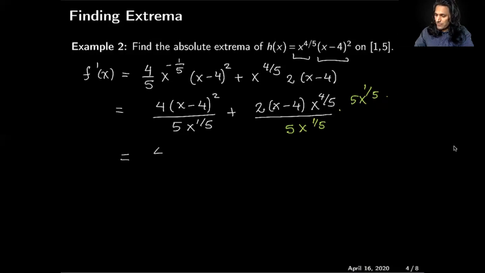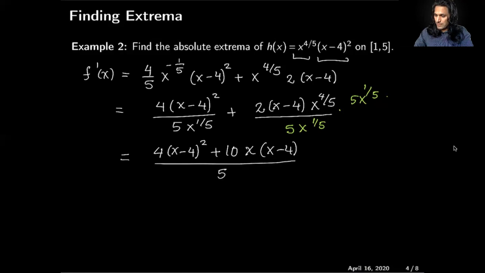It's going to be 4(x minus 4) squared plus 10, and x to the power 4/5 times x to the power 1/5 becomes x to the power 5/5. So this becomes just x, times (x minus 4). The whole entire thing is divided by 5x to the power 1/5.